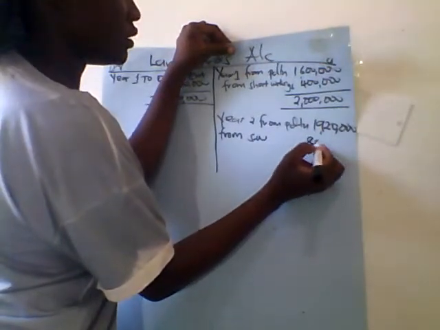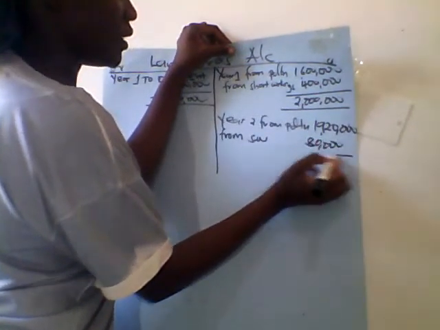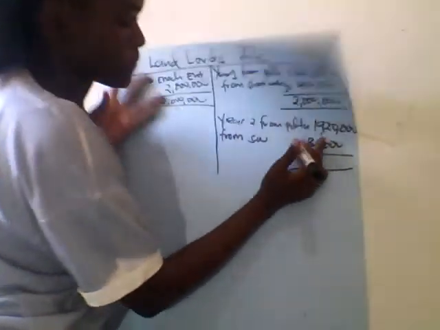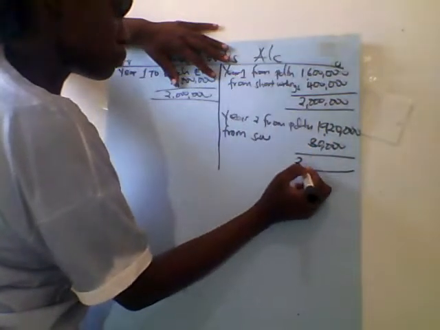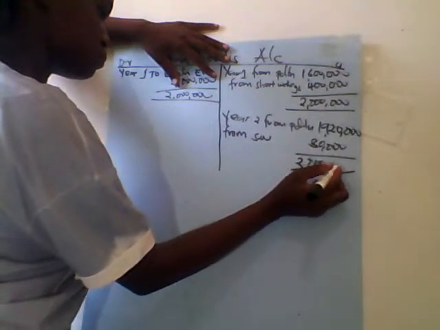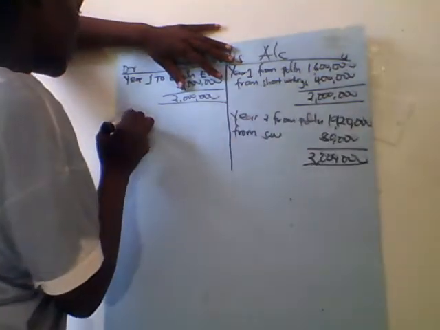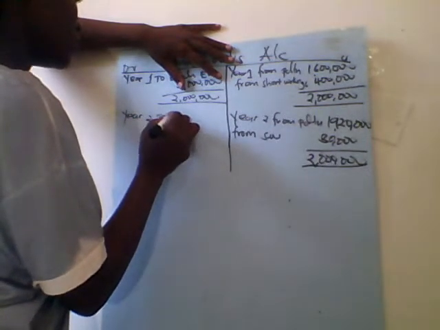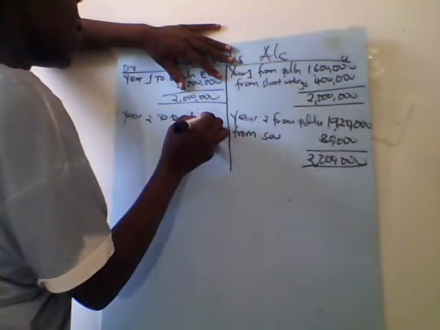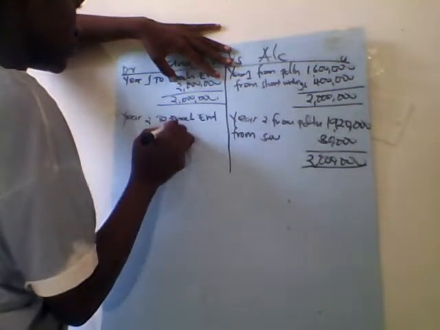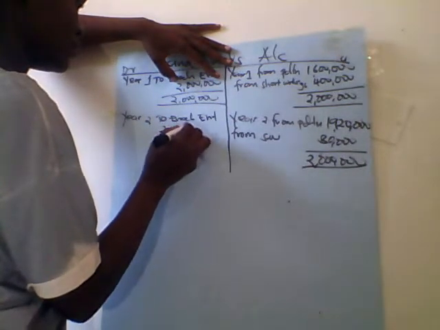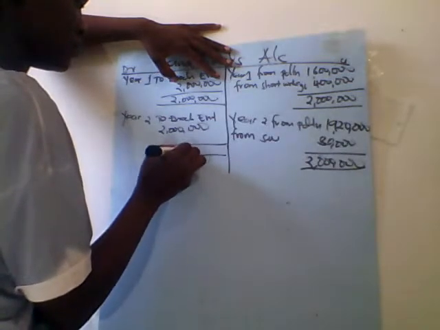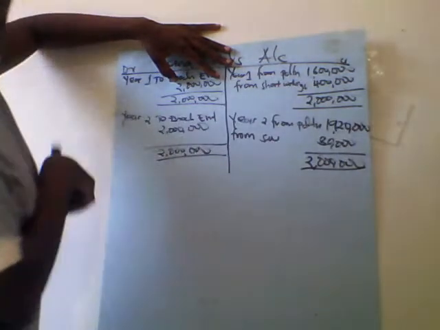And the total is what we pay to the landlord, which is 2M. So year 2 to Enoch, which is 2M, like that.